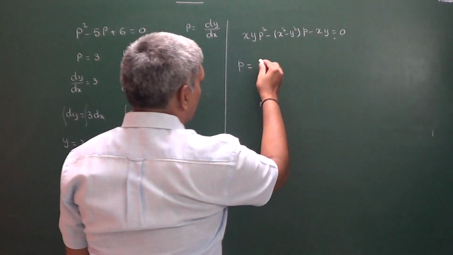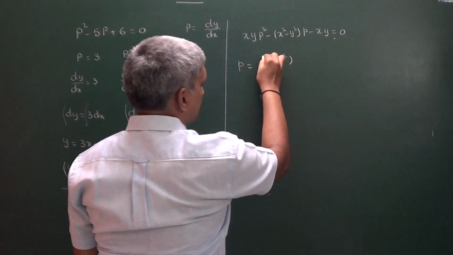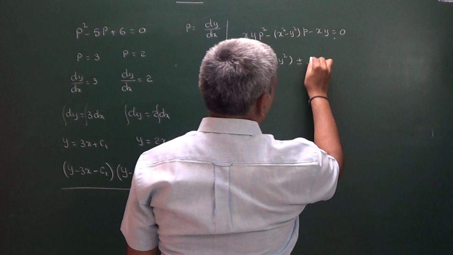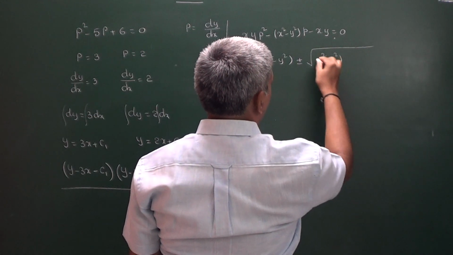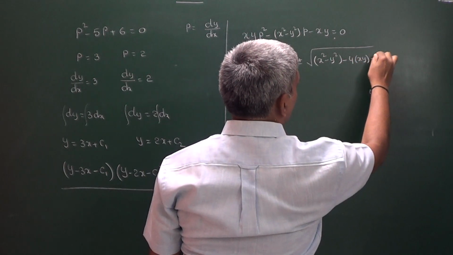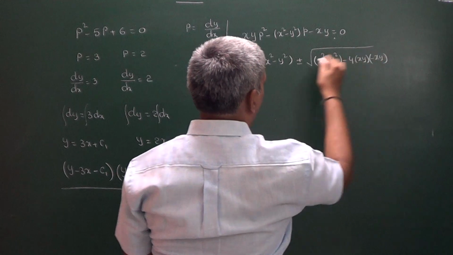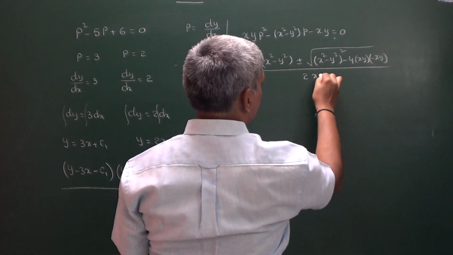That's why you will get p = (-b ± √(b² - 4ac)) / 2a.